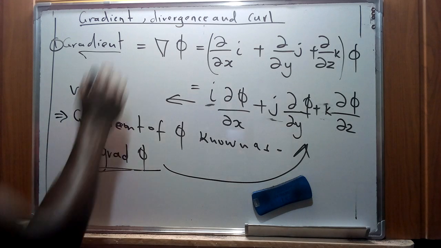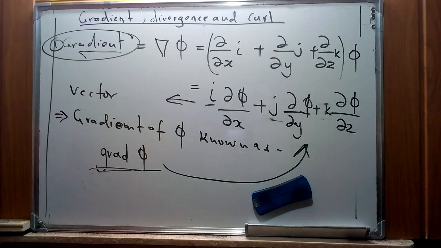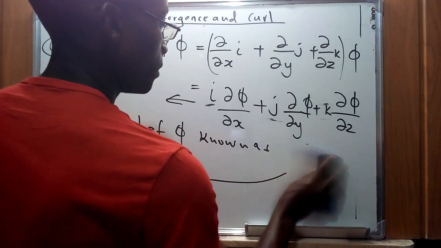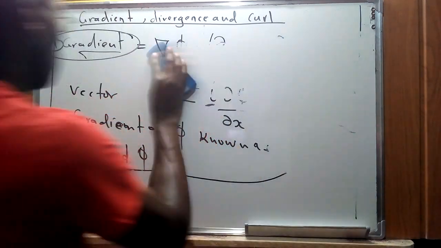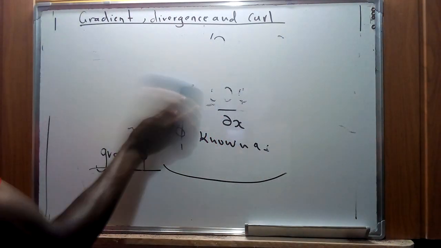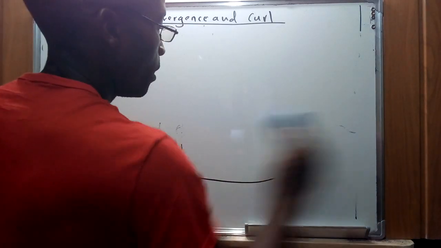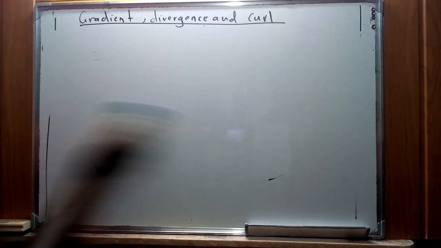Now I'm going to illustrate the remaining two so that we can demonstrate others using examples on how we can represent these three important quantities. So that is the first one for representing the gradient. Now the second one, we're going to look at the way in which the divergence can be represented.